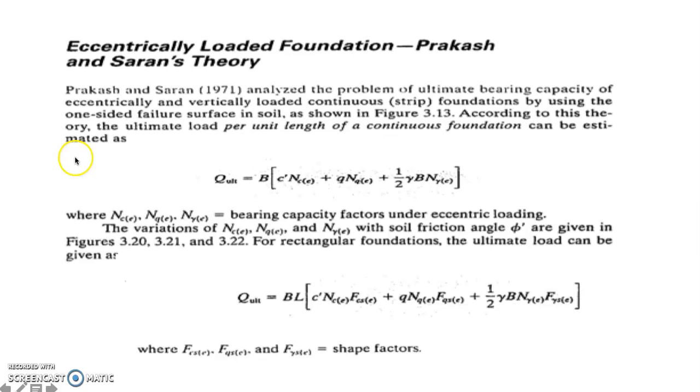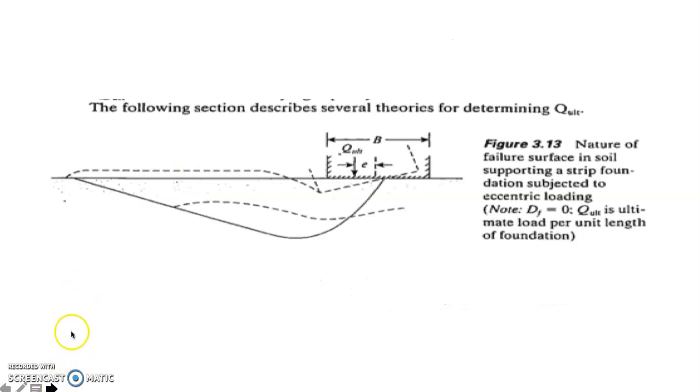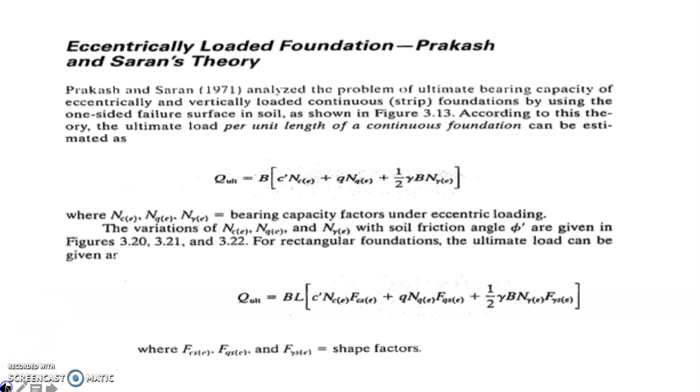We move on to the eccentrically loaded foundation according to Prakash and Saran's theory. According to them, they analyzed the problem of ultimate bearing capacity of an eccentrically and vertically loaded foundation by using the one-sided failure surface in soil, which is this illustration.